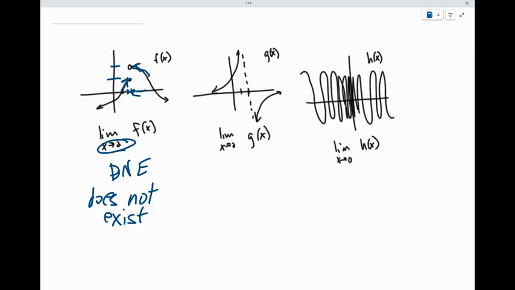So in the second case, again, x is approaching 2. If I'm approaching 2 from the left, this function is growing and growing without bound. And if we're approaching 2 from the right, this is getting lower and lower without bound. Certainly these two limits don't agree, so we would once again say does not exist.